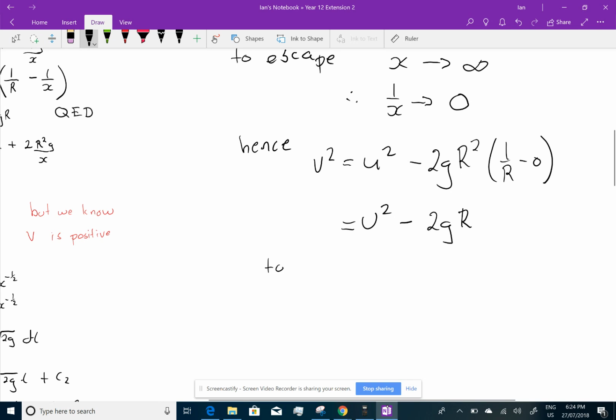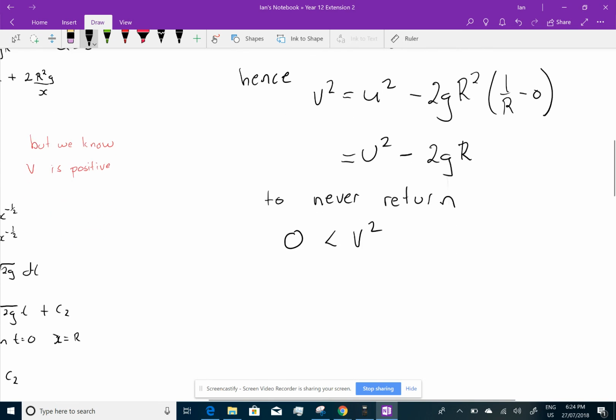To never return, to get out, v squared has got to be greater than 0. If it stops, it turns around. So u squared minus 2gr, therefore 2gr is u squared.